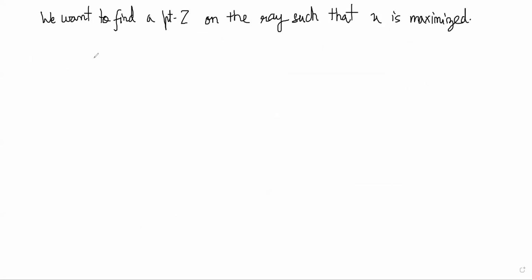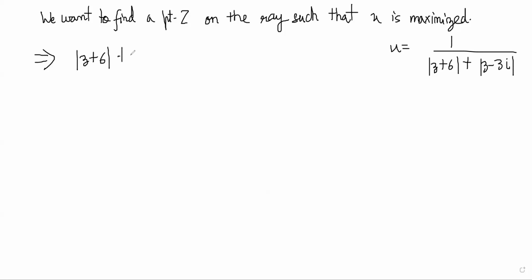And for U to be maximized, since U was equal to 1 by mod of Z plus 6 plus mod of Z minus 3i, that is the same thing as saying we want to make mod of Z plus 6 plus mod of Z minus 3i minimal, right? We want to minimize the denominator to maximize U, right?